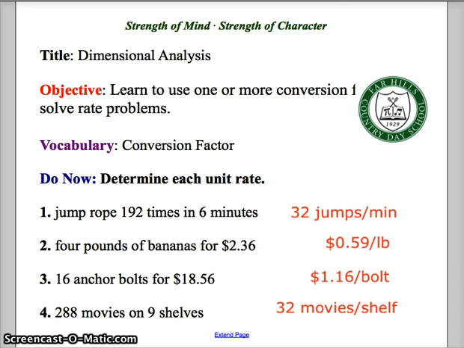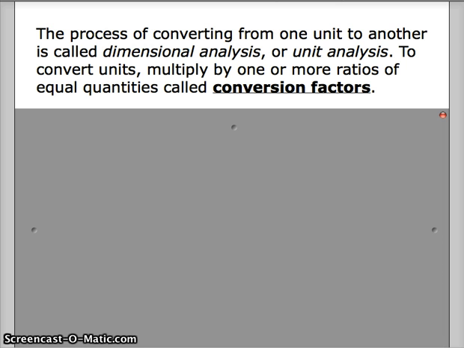Well done. So with dimensional analysis, that's when you're converting from one unit to another. And when you convert units, you need to multiply by one or sometimes more than one ratio that is a conversion factor.